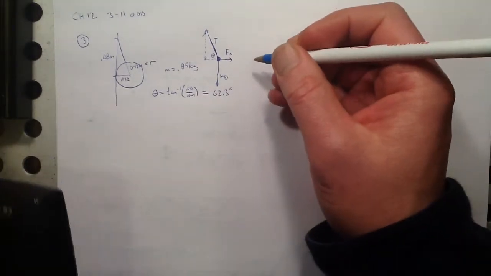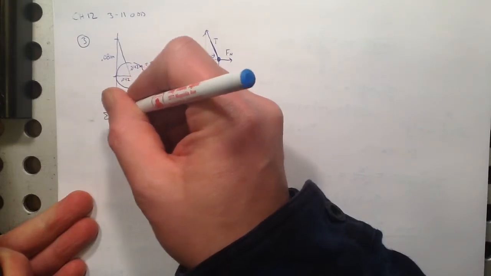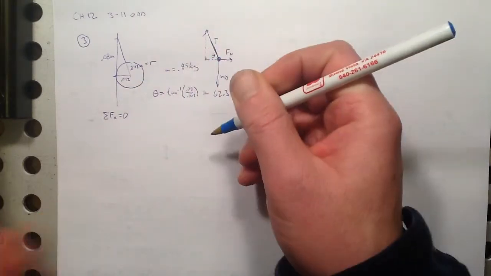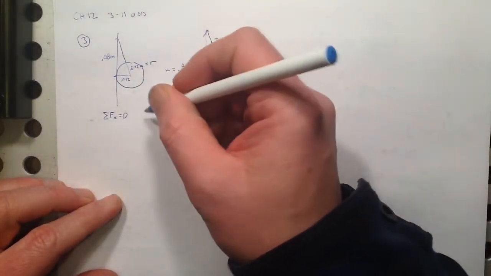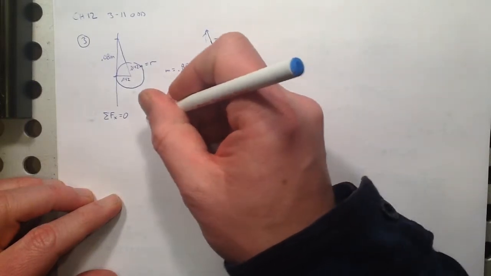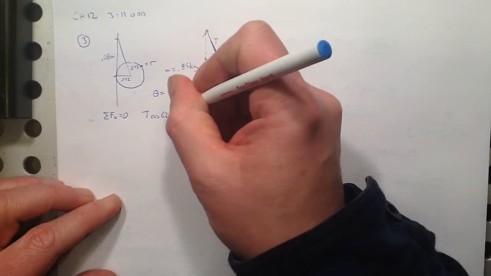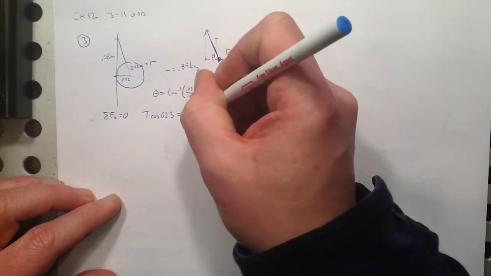So that means if I wanted to write my balanced force equations, the forces in the horizontal direction are balanced. What are those forces? Well, there's the cosine component of tension, T cosine of 62.3, and that would have to be equal to the normal force.